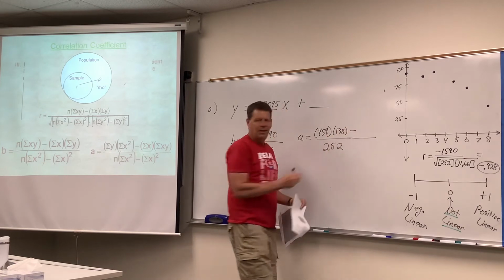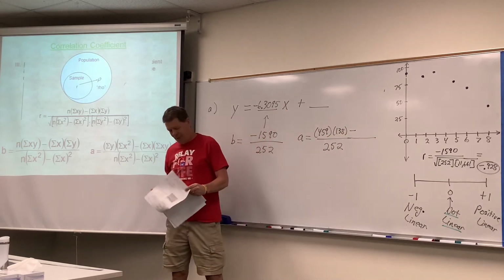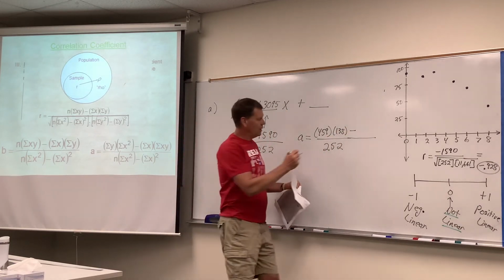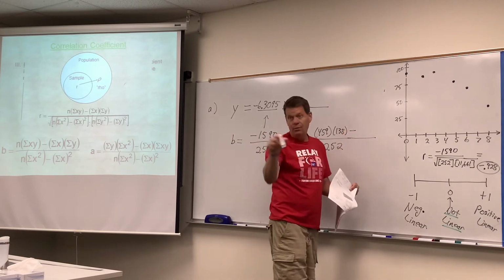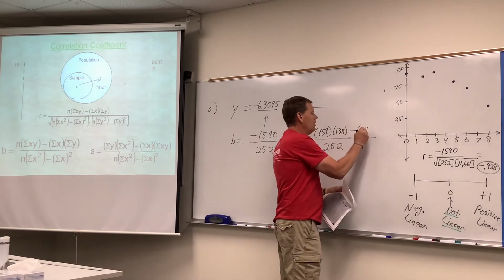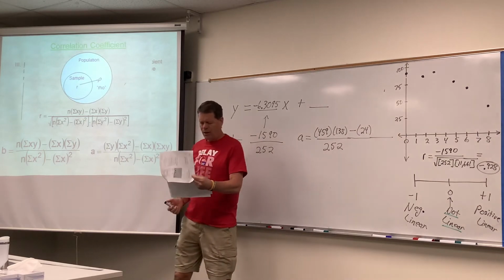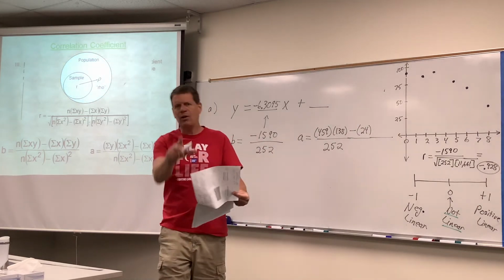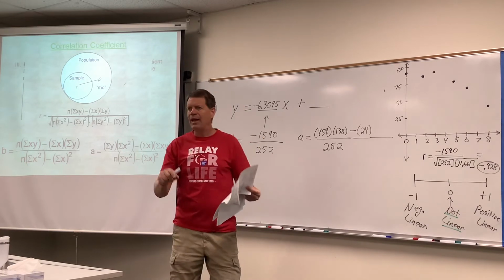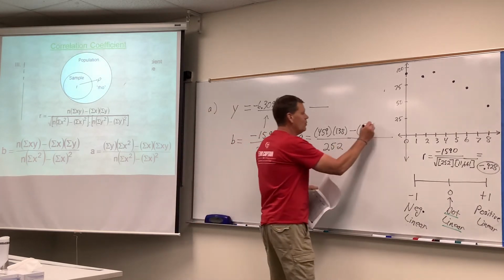Minus sum of x, that'd be that first column there, if you recall, what's that add up to? Right, 24. Okay. And then the sum of xy, what color was that column? Yeah, green. And what was the sum of that? 1571.